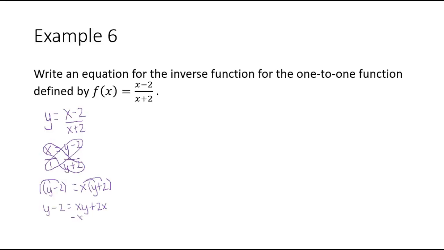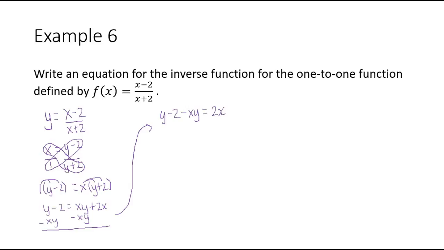So let's subtract the xy over here. Now, when we do, none of these are like terms. And so our problem now becomes y minus 2 minus xy is equal to 2x.